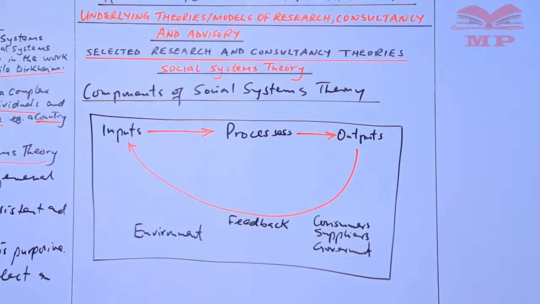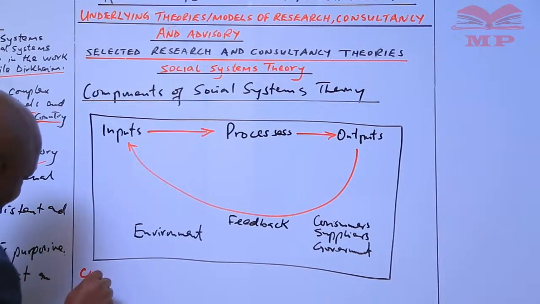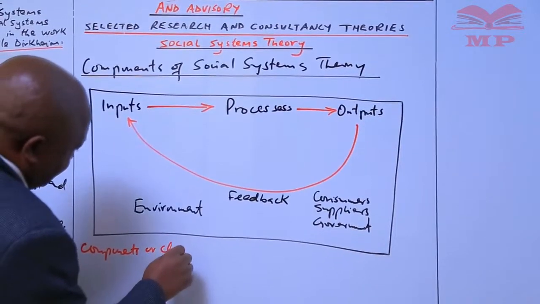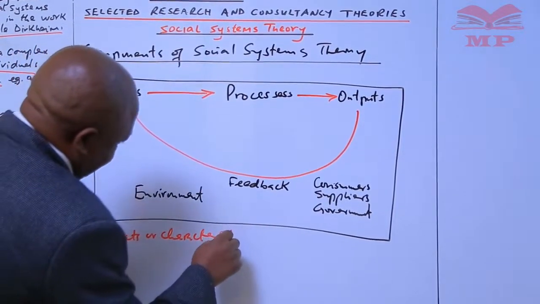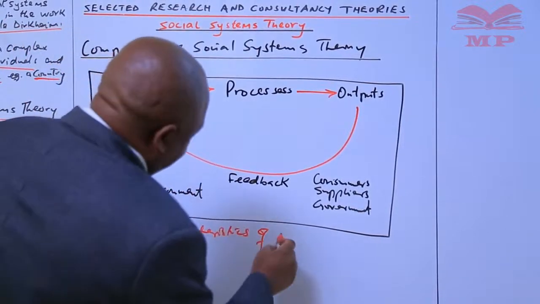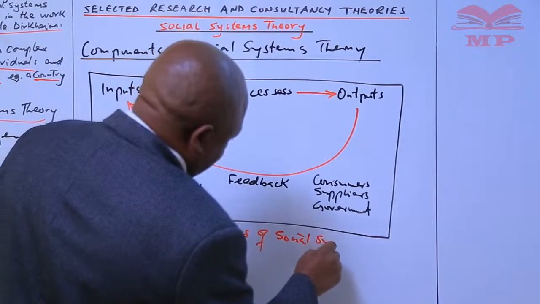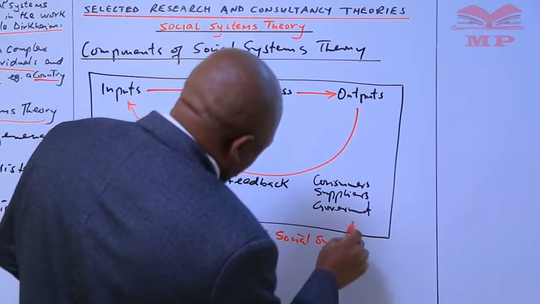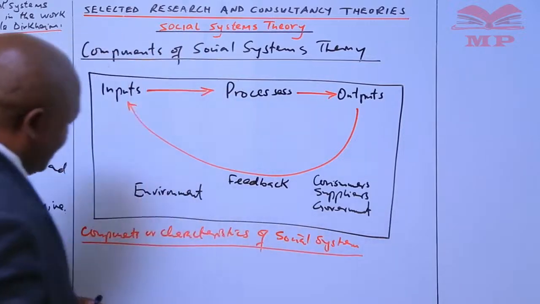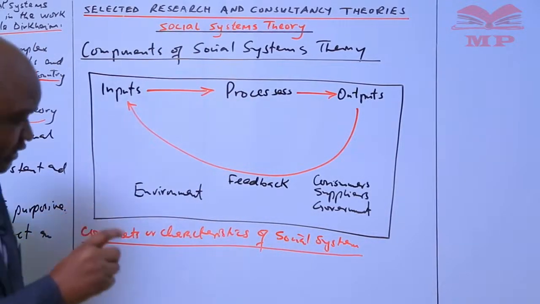So the components, or characteristics, of a social system will include the things that define a social system.